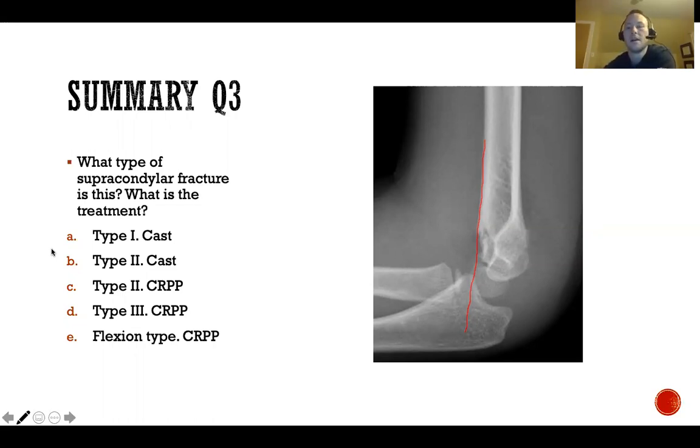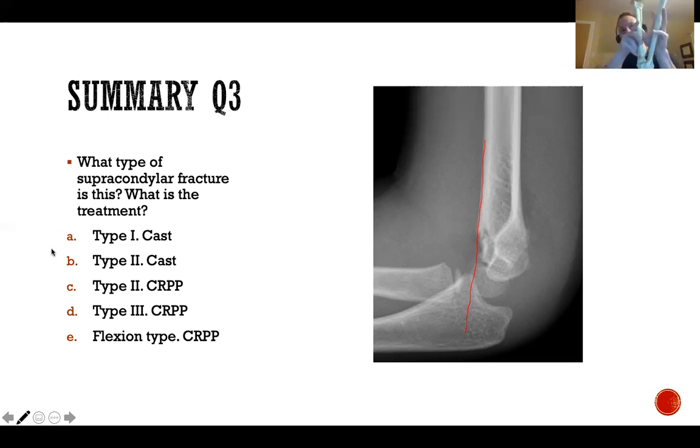And this brings up a really cool point about how we came to start pinning these, and what the problem is with casting them. If you remember when I was showing that model of the flexion, when you reduce these in the operating room, once you've pulled it out and you flex it over and jiggled it back and forth and got it aligned and then you flex it up, it stays put.